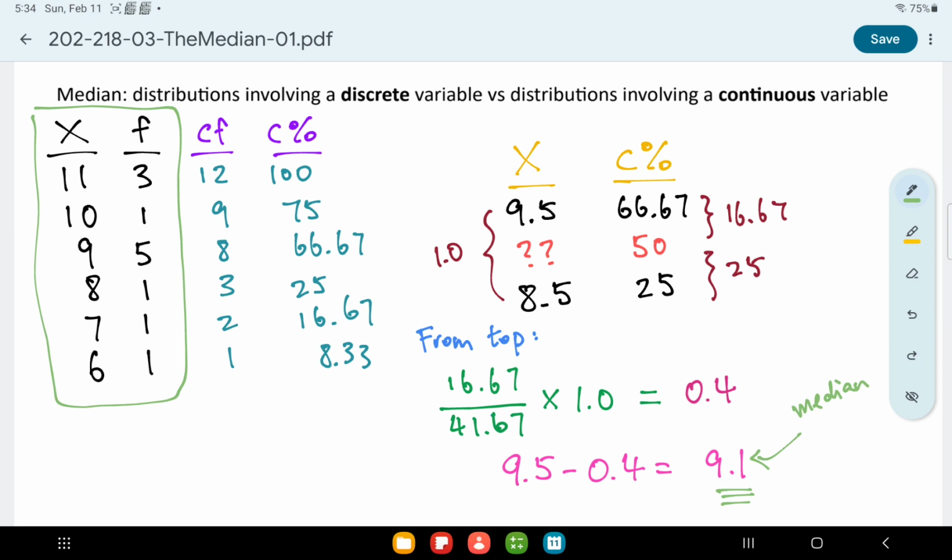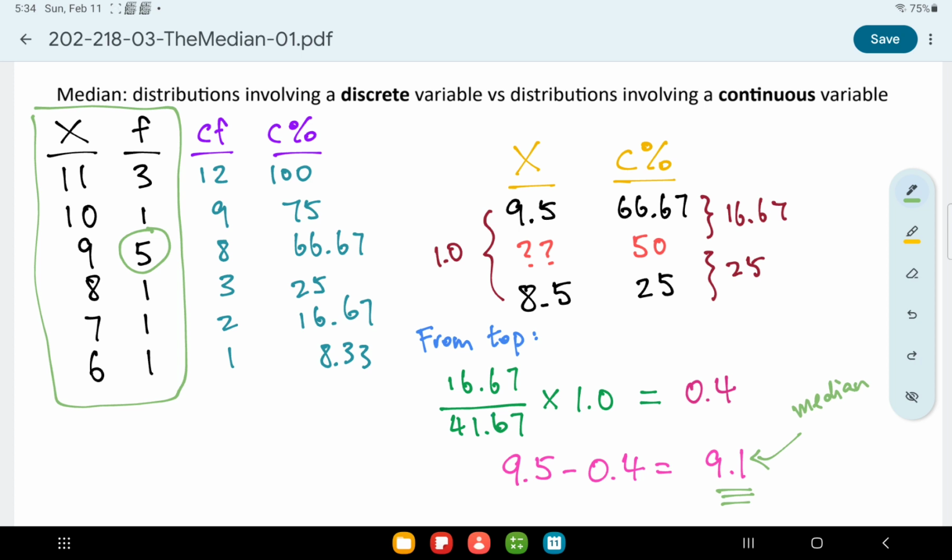that denote the score of x equals 9. The 5 squares because, well, if you go back to the frequency distribution table, the score of x equals 9 shows up 5 times. And if you draw a line from 9.1 onwards perpendicularly, you would construct a line that essentially divides the histogram into 2 halves.